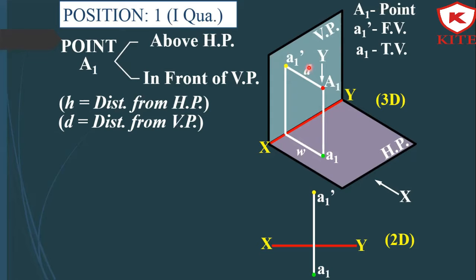Here D is the distance between point A1 and VP, and H is the distance between HP and A1 dash, or you can say between HP and capital A1; this will be the same.